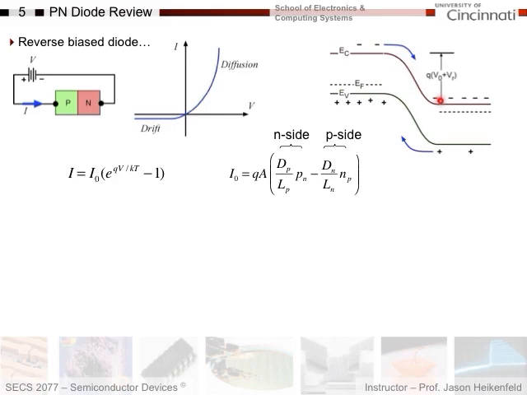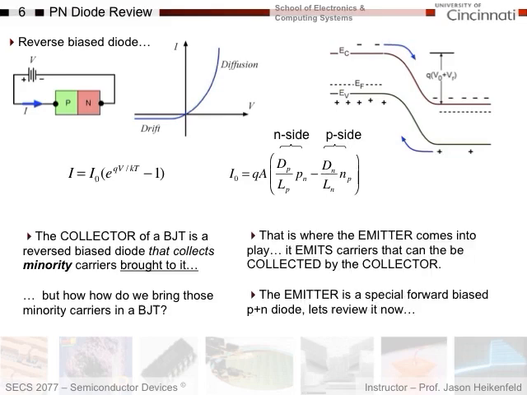Well, we want the exact same thing for a BJT, we'll see, but the difference will be that we want basically an increase in the number of electrons and holes we have near the edges here. So, the collector of a BJT is a reverse bias diode that collects minority carriers brought to it.